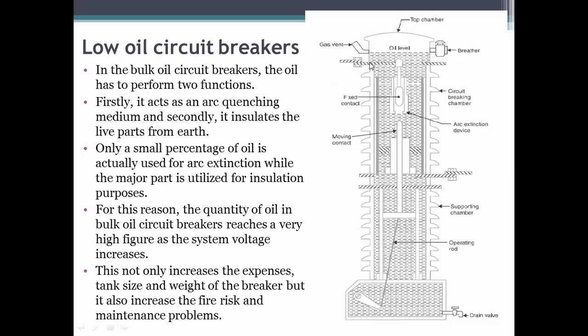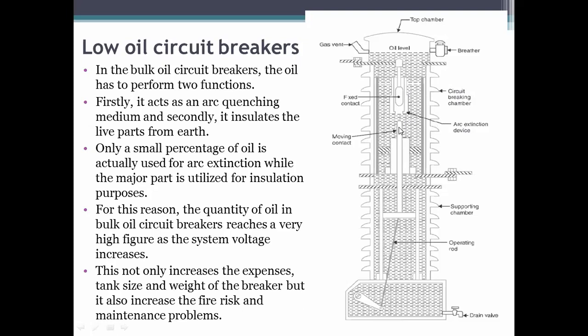Okay, then this is the fixed contact, okay, which is held here. Then fixed contact, moving contact is there. This is the circuit breaking chamber. This whole chamber is the circuit breaking chamber, and this is the arc extinction device. Okay, means it is used for the arc quenching.